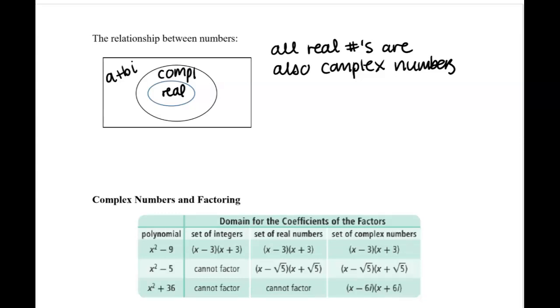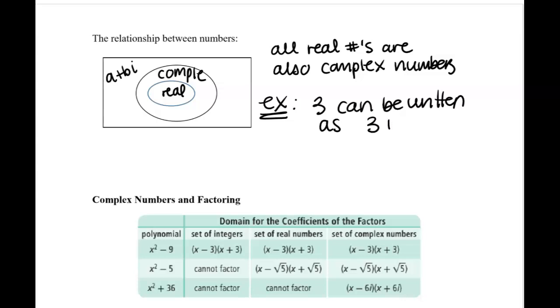Okay. And the reason why all real numbers are also complex is 3, for example, can be written as 3 plus 0i.